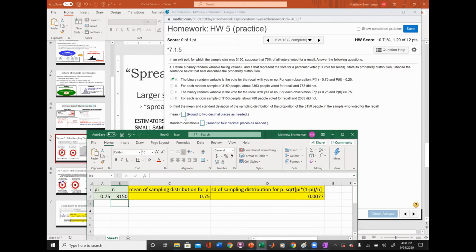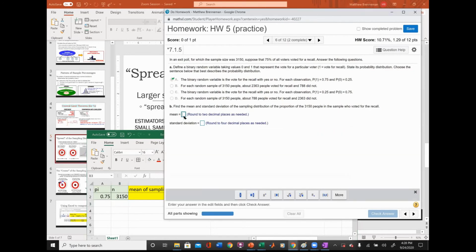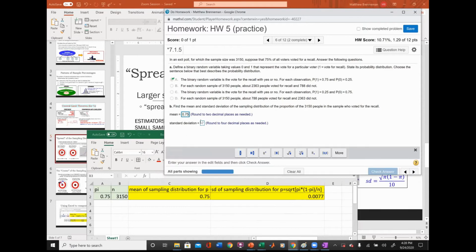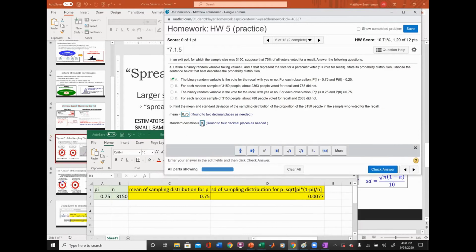Let's round it off to the right decimal places. And watch with the rounding. Don't always assume it's the same number. StatCrunch can be, I mean, MyMathLab can be kind of devious like that.